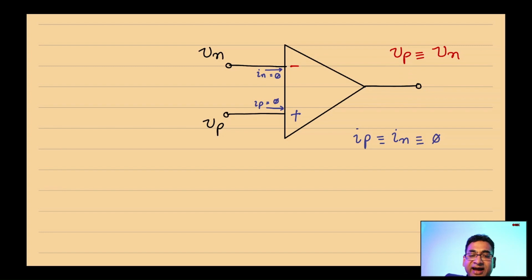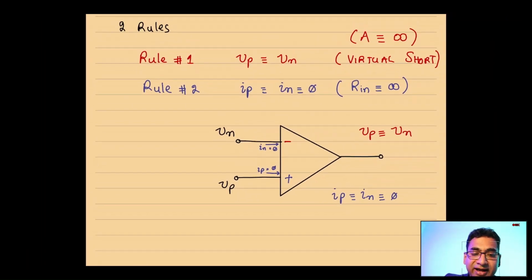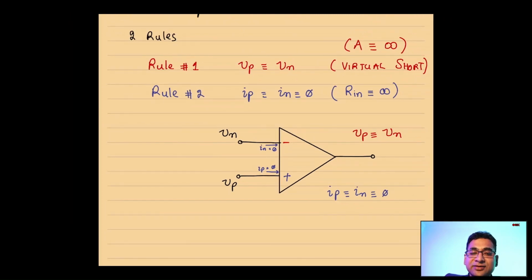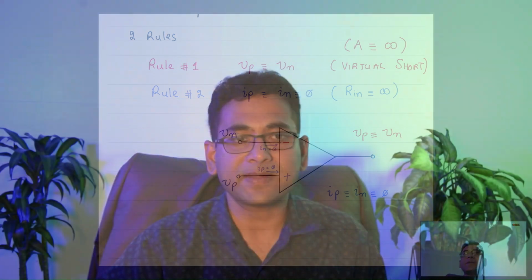As a matter of fact, these two rules will simplify your analysis of the operational amplifier significantly. How often do you come across rules in life that are actually helpful? Well, these rules are helpful for you.